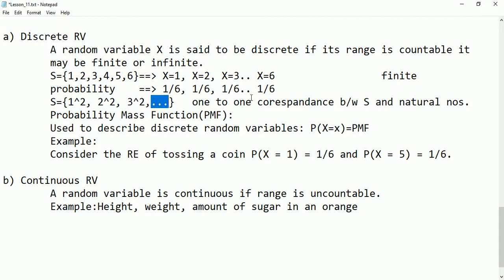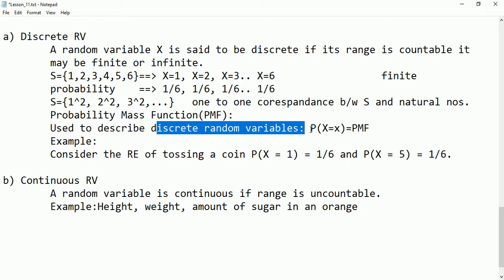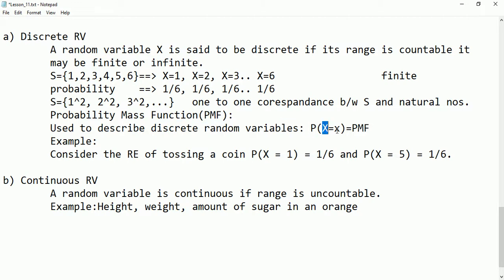So here the probability mass function, you have to know, friends, that is called PMF, probability mass function. What is that? It is used to describe a discrete random variable, like this. Probability of the discrete random variable being equal to a value, and this is called PMF.